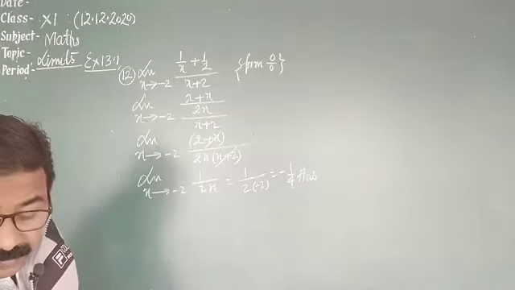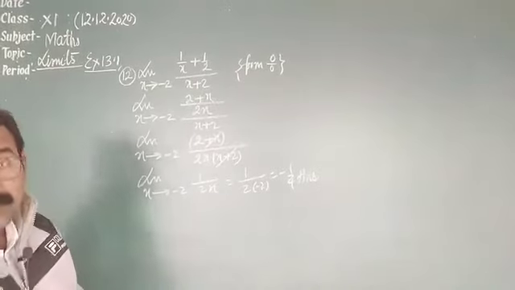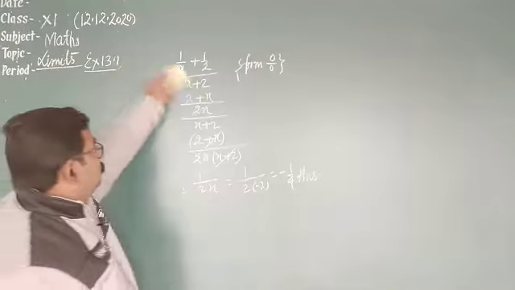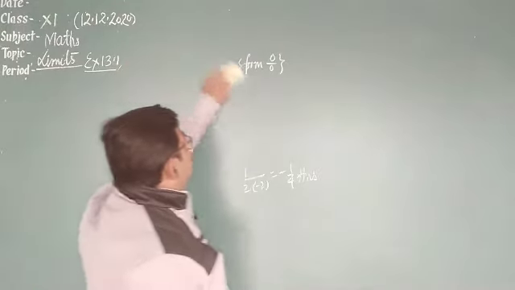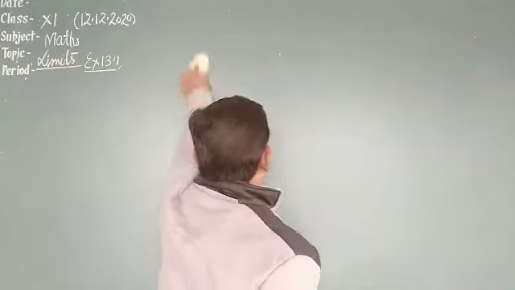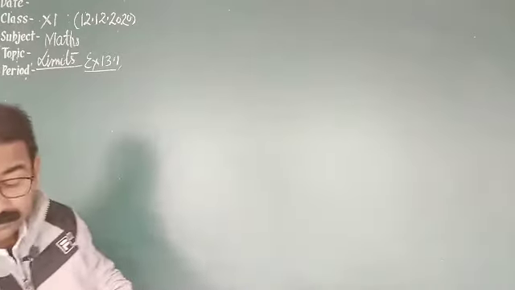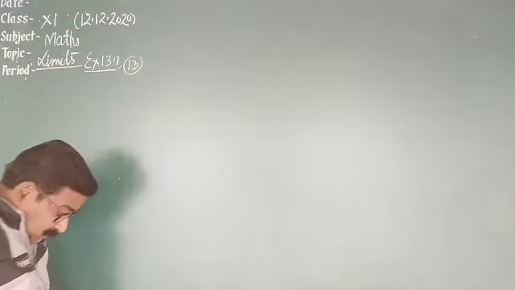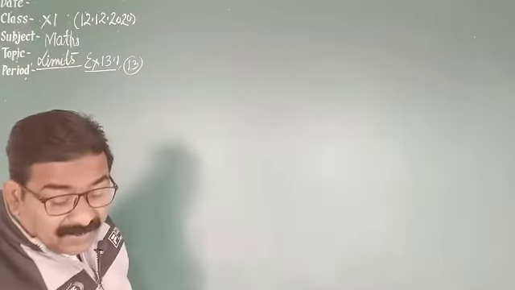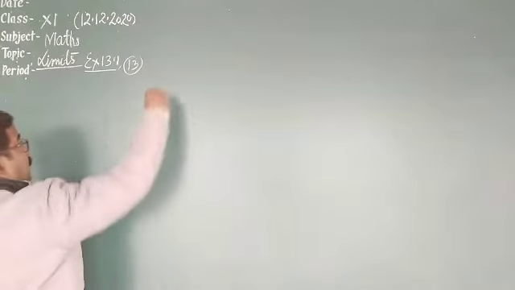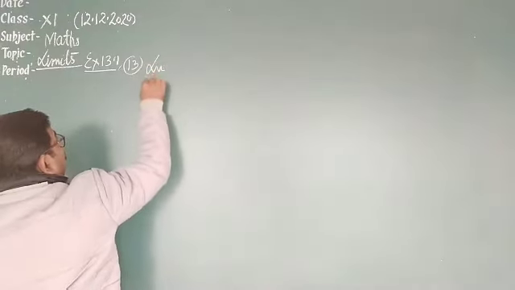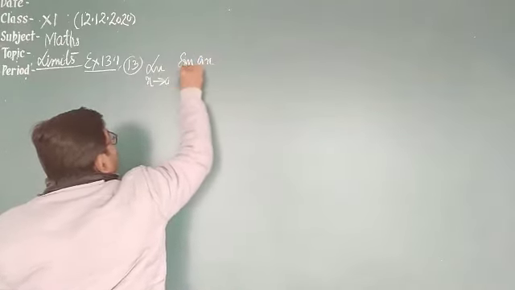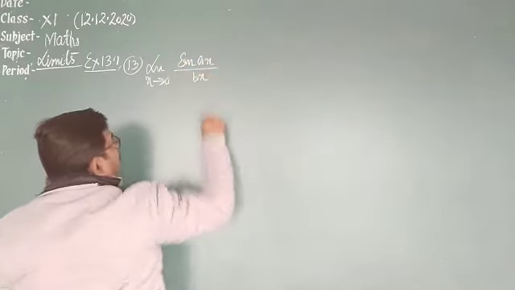Now let's see question number 13. Thirteenth question, given limit x tends to 0, sin ax upon bx.